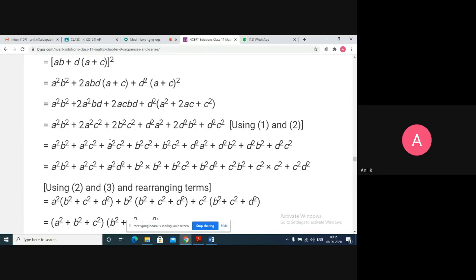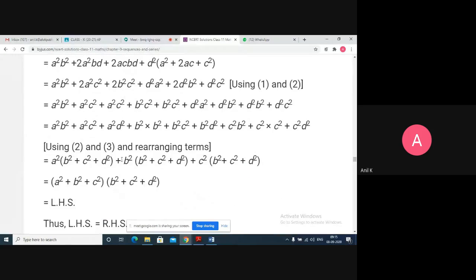Next terms I have a square c square, b square c square, then d square c square. From these three terms you take c square common. So I'll get this step, c square into b square plus c square plus d square. Similarly, for the next three terms if I take b square common, we'll get b square into b square plus c square plus d square.